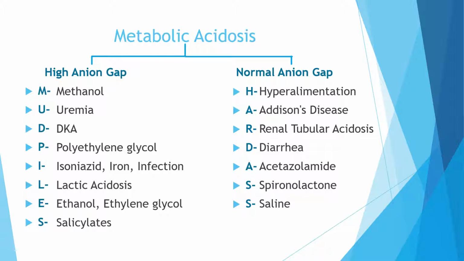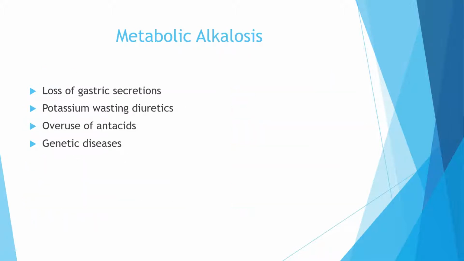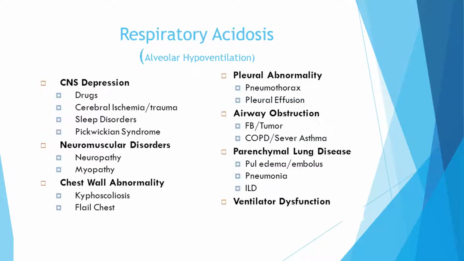And for normal anion gap, we refer to HARDASS: hyperalimentation, Addison's, RTAs, diarrhea, acetazolamide, spironolactone, and normal saline. For metabolic alkalosis, it can be due to loss of gastric secretions, potassium wasting diuretics, overuse of antacids like milk alkali syndrome, and genetic diseases.